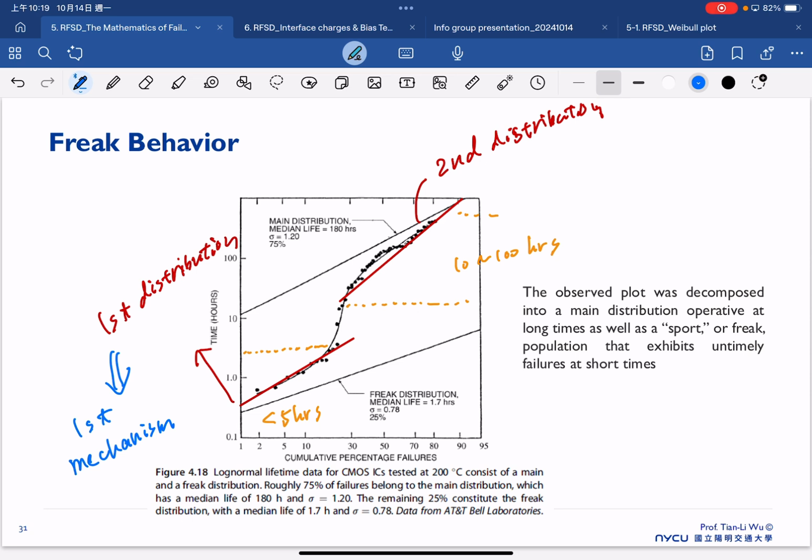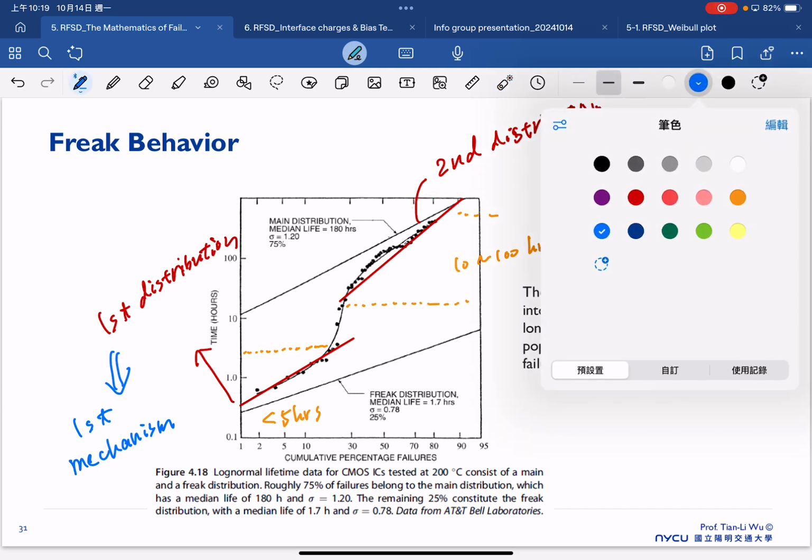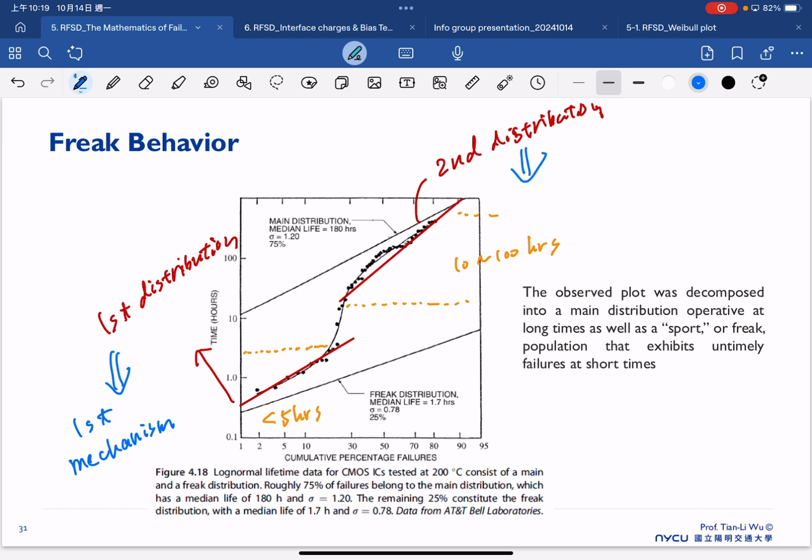On the other hand, because we need to apply the second distribution in the long term, that means the long-term values are caused by the second mechanism.